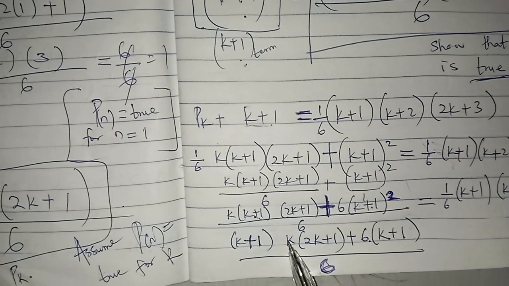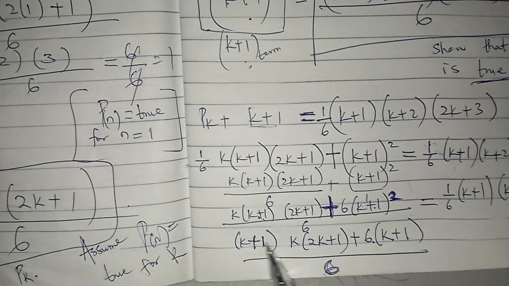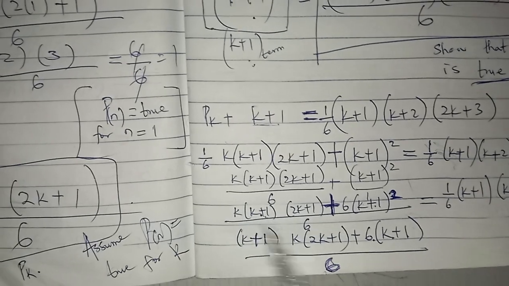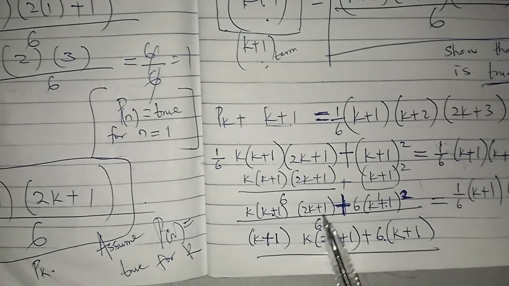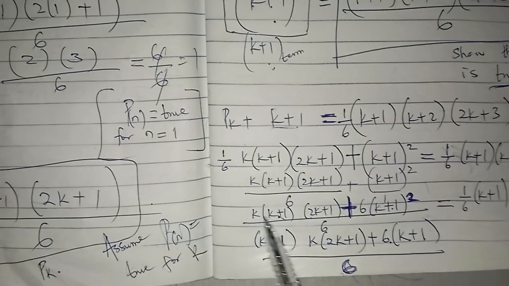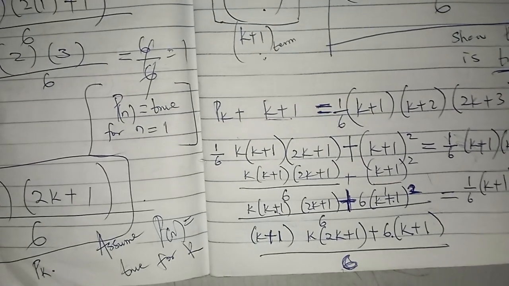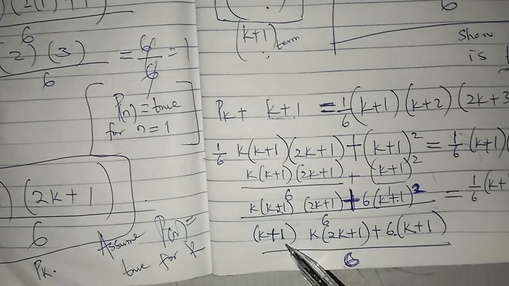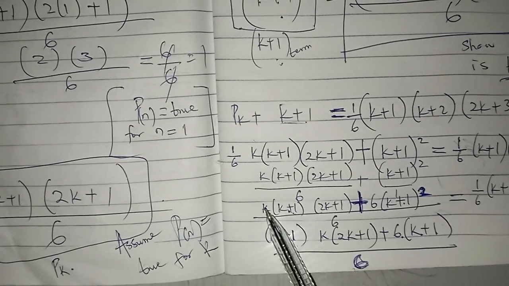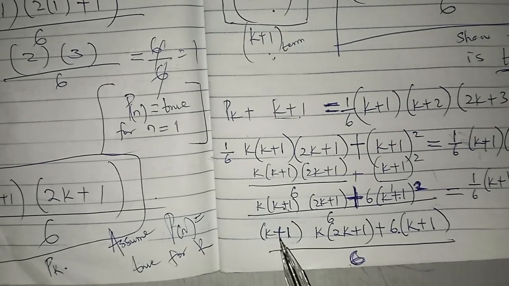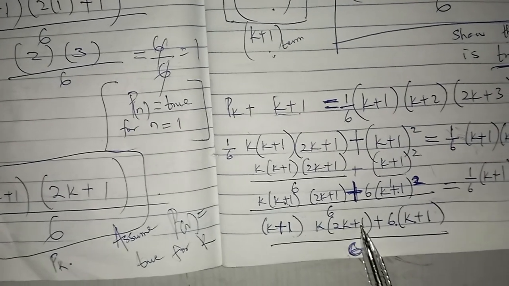And if this k times this, it will still give you this thing. And if this 2k plus 1 times this, it will still give you what you will have from timesing this. So it's the same thing. I just factored out the k plus 1 because this times k and times k plus 1 is the same thing as k plus 1 times k plus 2k plus 1.